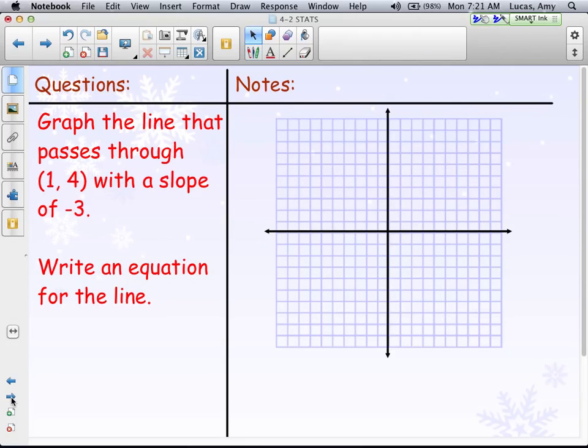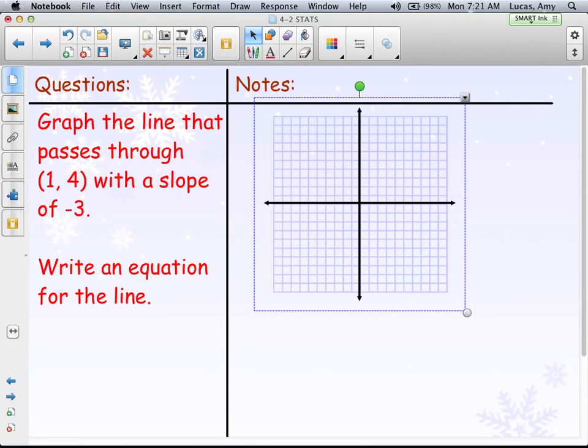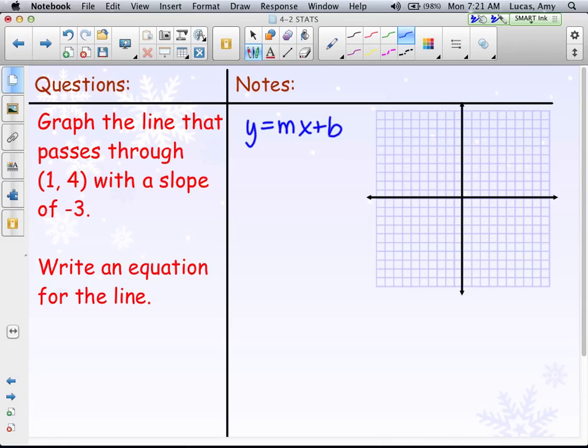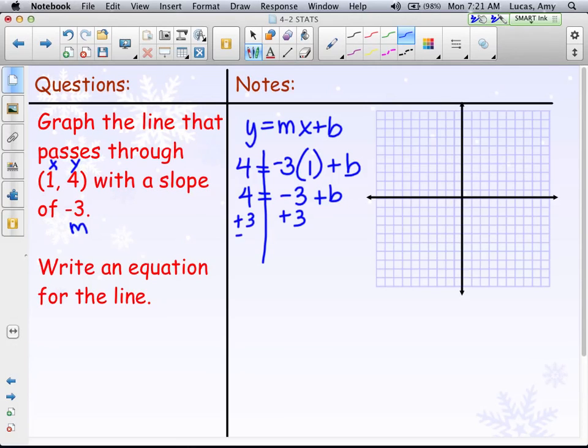Next one. Start out with my slope-intercept form. X coordinate, y coordinate, slope is m. 4 equals slope -3 times the x coordinate 1 plus b. -3 times 1 is -3. Add 3 to cancel it out. 7 is my intercept.